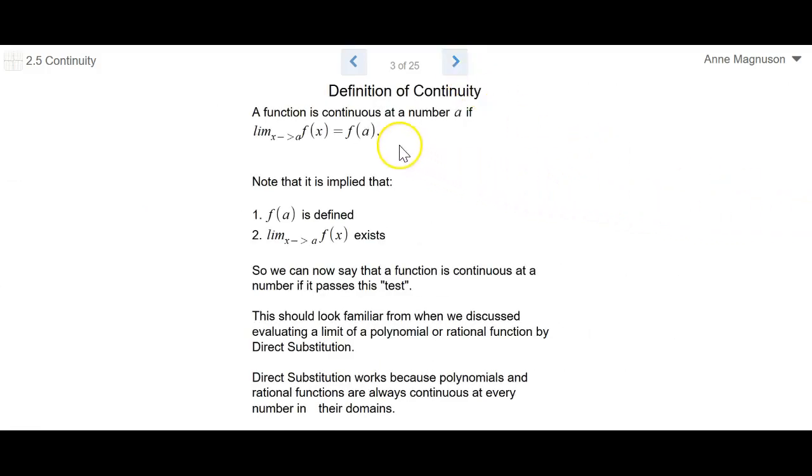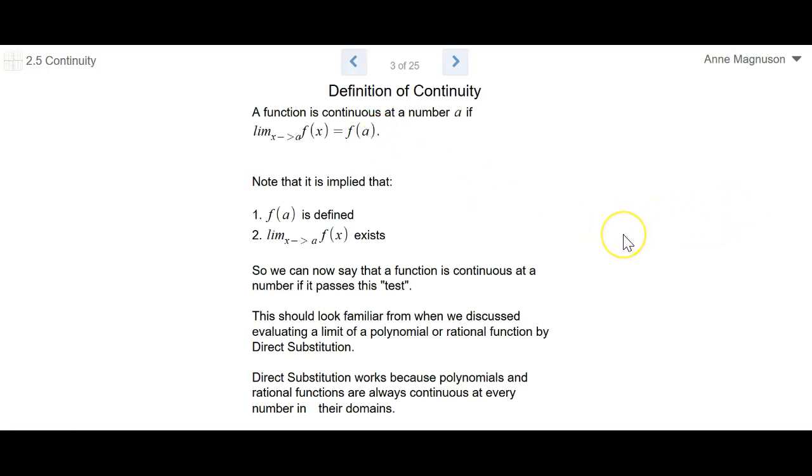So the definition of continuity is based on limits. A function is continuous at a number a in its domain if the limit as x approaches a of the function actually equals f of a. So it's implied that this limit exists and that f of a is defined.